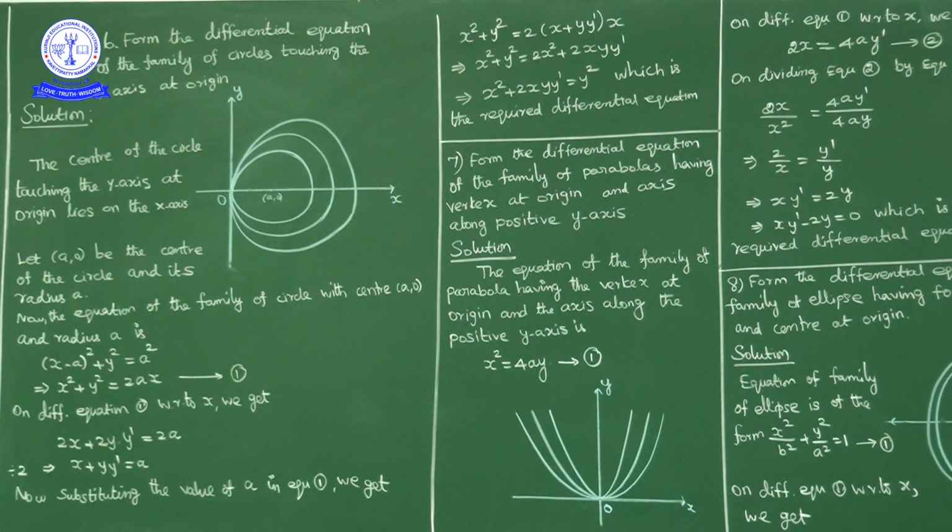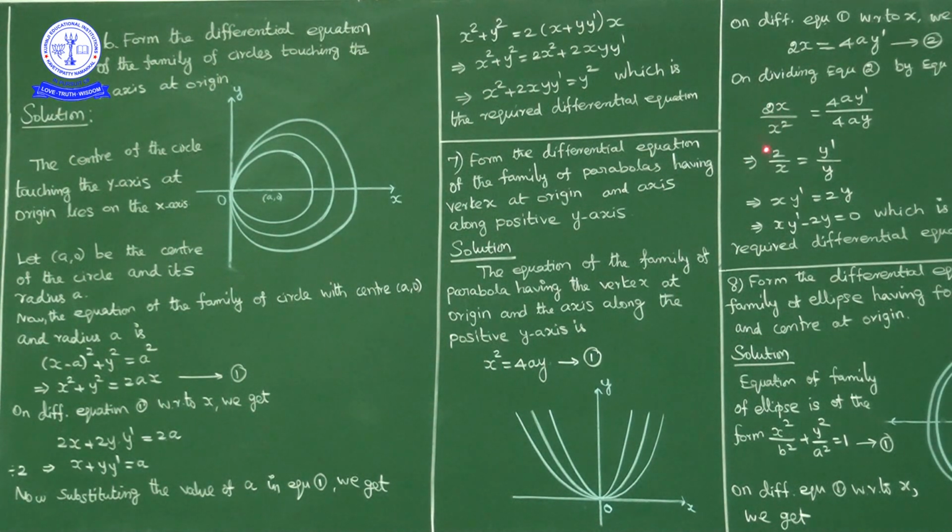Okay, we have to eliminate arbitrary constant a here, only one parameter, so you have to differentiate with respect to x only once. Okay, so what we get, x square derivative 2x is equal to 4a into y differentiation y dash. Okay, if I write 2 by 1 to eliminate 4a, so what we have, 2x is equal to 4a y dash. Here first equation is x square is equal to 4a y.